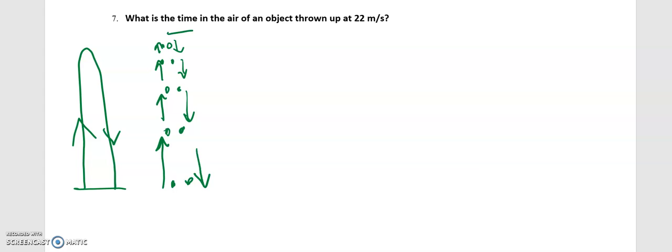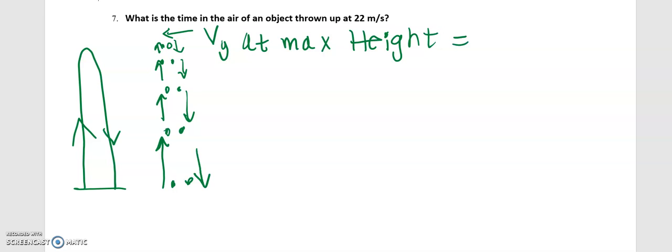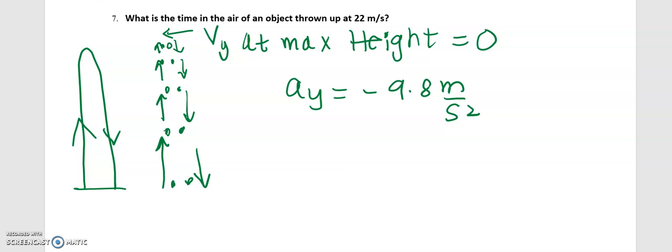And at the maximum height level, Vy at max height is equal to 0. So we also know that the acceleration Ay is always negative 9.8 meters per second squared, and then time is an unknown.